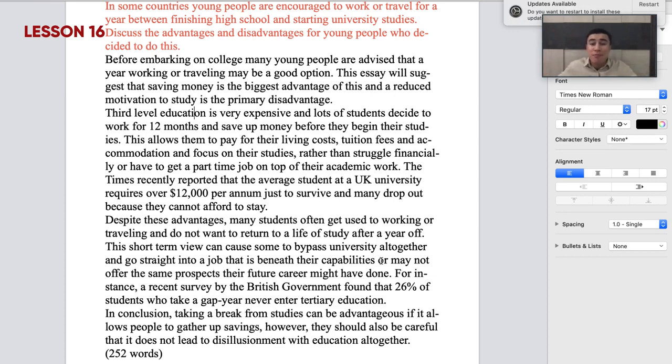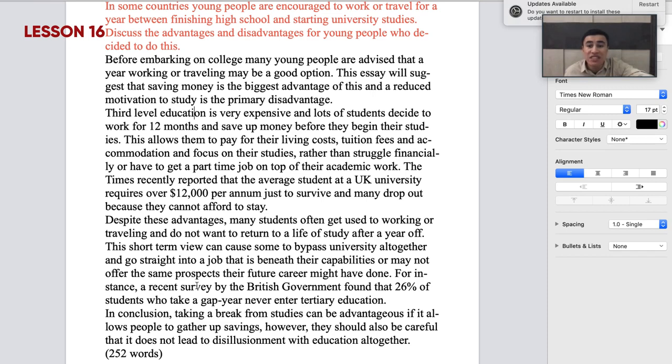They may bypass university, skip it, and go and work. So by this, they may somehow ruin their future. And of course, they will not have the same career prospects they would have if they had accomplished higher education.